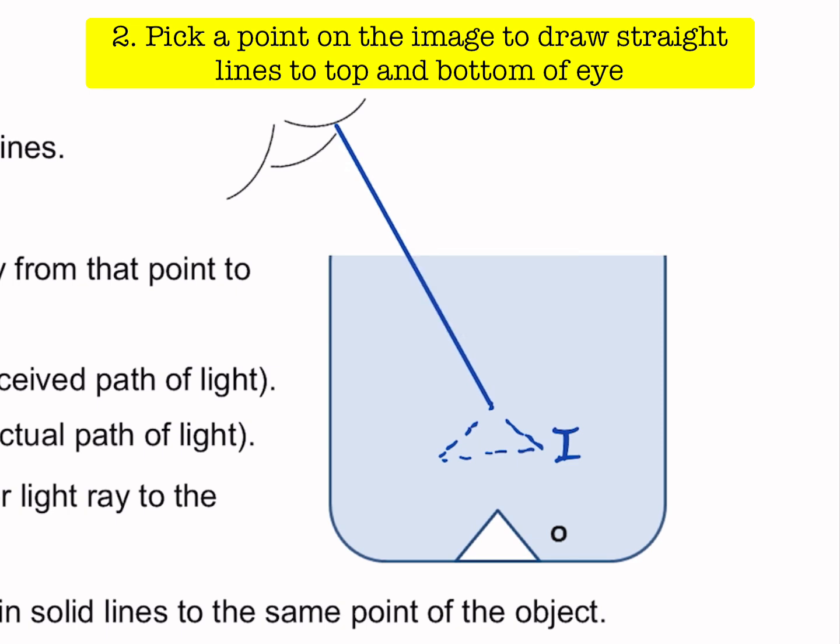The ray in water is in dotted line because this is an imaginary line. Then we have the same point pointing towards the other corner of your eye. And I'll do the same. The ray in the water is dotted line.